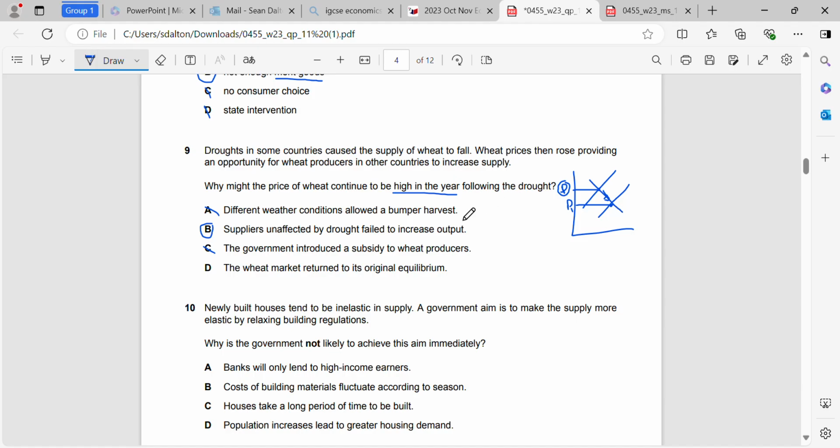So what we would do here is just mark it in by going supply right, supply right, supply right, and supply unchanged for B. So process of elimination should help you to figure it out. You figure out this question by identifying that the price has to remain high. So we've had a shift to the left when we have the drought, this way up to this point from P1, and we don't shift back.